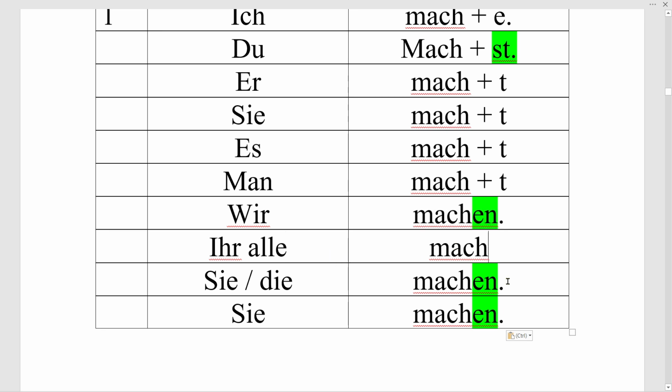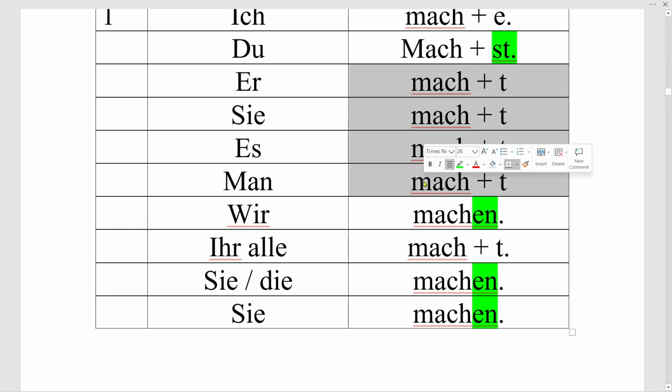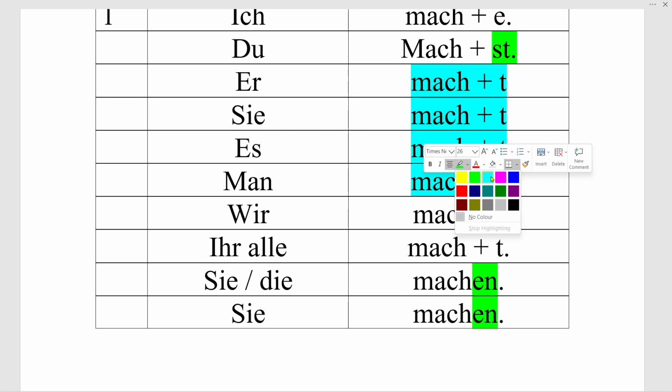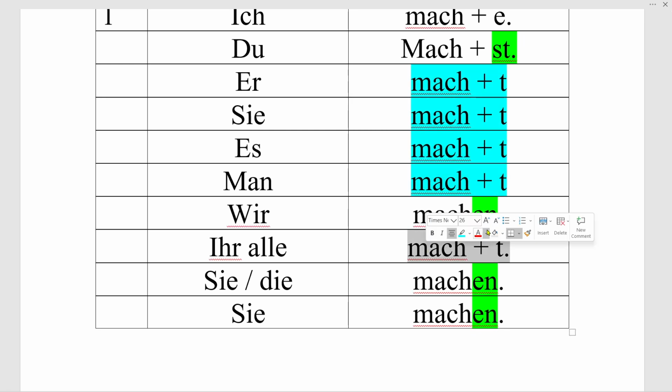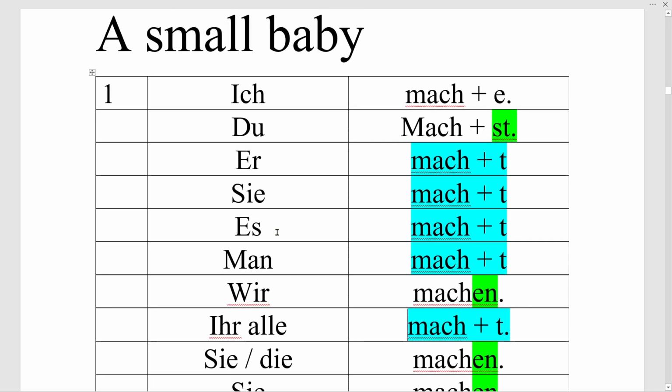Now here what we need to do is add mach plus te, or macht. This may look like the third person, but this is not always true. There could be similarities, but there are always differences.